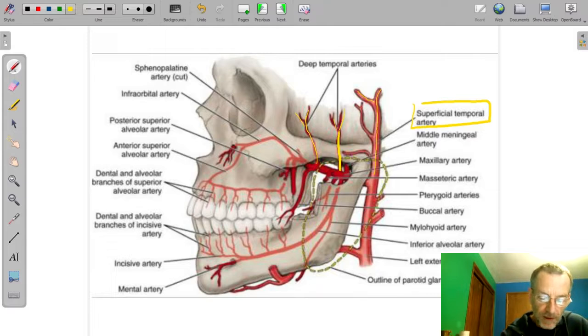So we were coming off of the maxillary with the deep temporal, and then we have a masseteric artery. I am not going to give you a picture like this with the labels removed and ask you to identify too much detail in here. But there is a branch that comes off supplying the masseter muscle. There are pterygoid branches that also supply muscles of mastication.